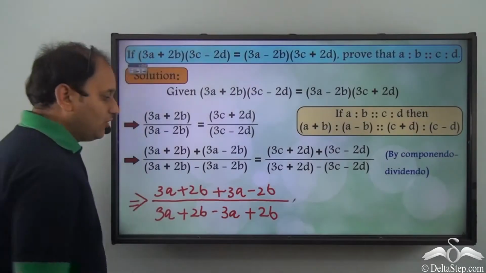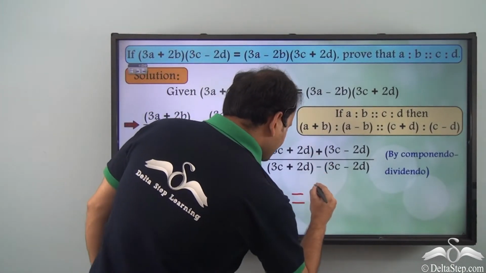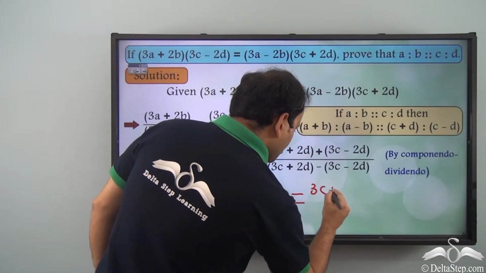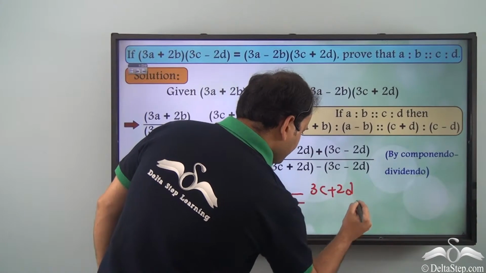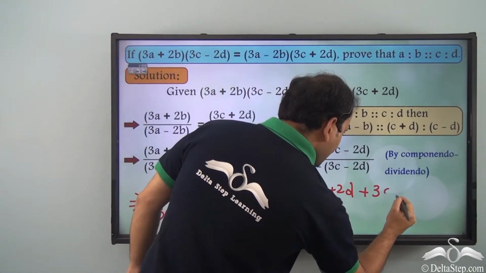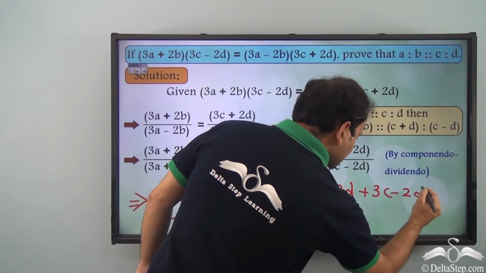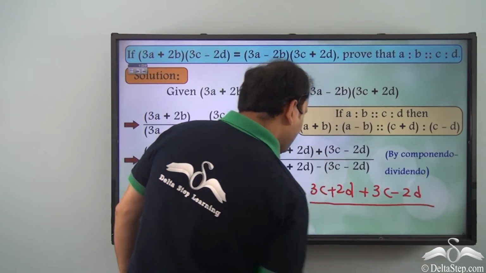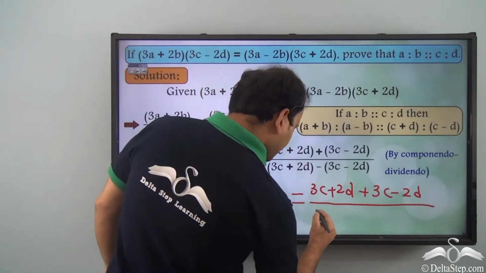So minus into minus 2b will be plus 2b. Now let's come to this side. So we have on this side 3c plus 2d plus 3c minus 2d. This will be divided by 3c plus 2d.